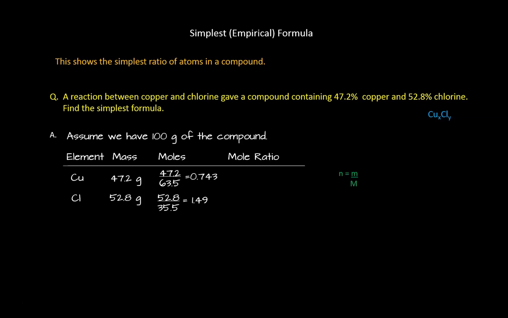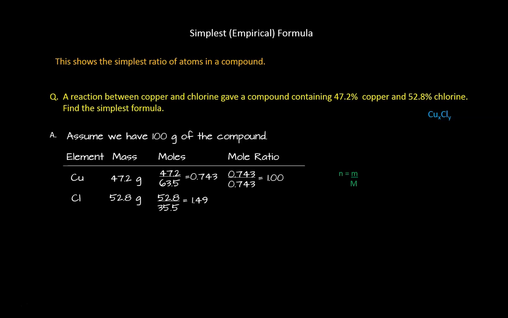Now, it may not be immediately obvious that the ratio is 1 to 2, so what we do is divide each ratio by the lowest number. Before I do that, let's consider if we have several elements here, for example, then you'll have several different decimal numbers. So what you do is take the smallest one, wherever it is, divide it by itself, like this, and that means you get 1.